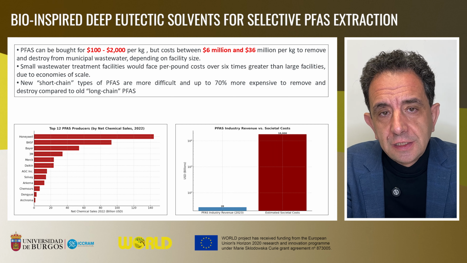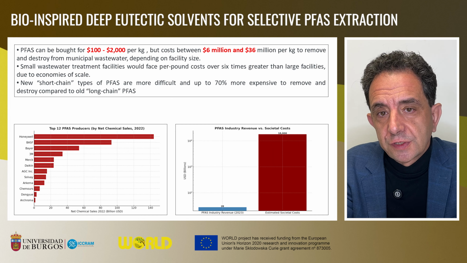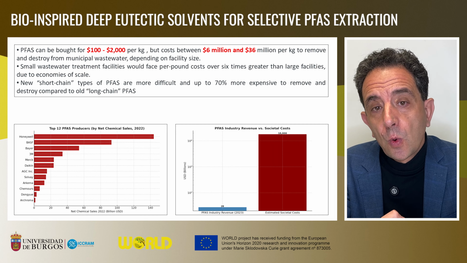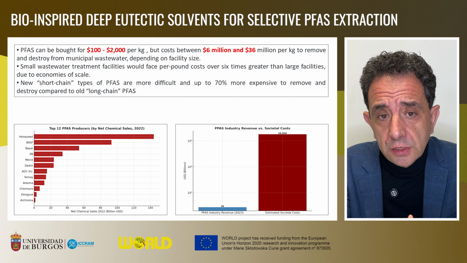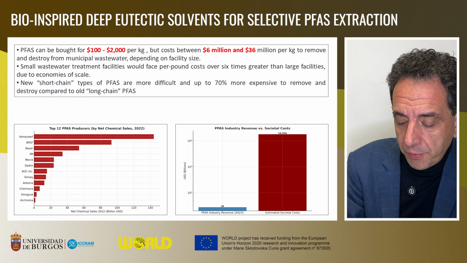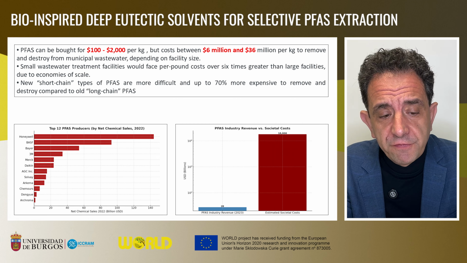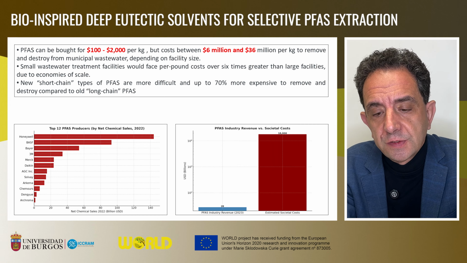At the end, this technology, in which we are developing deep eutectic solvents, uses natural compounds or wastes from waste oils produced in the work project to produce deep eutectic solvents, which are used to remove this kind of PFAS in contaminated water. The scheme of the process is the one that you can see in the slide.